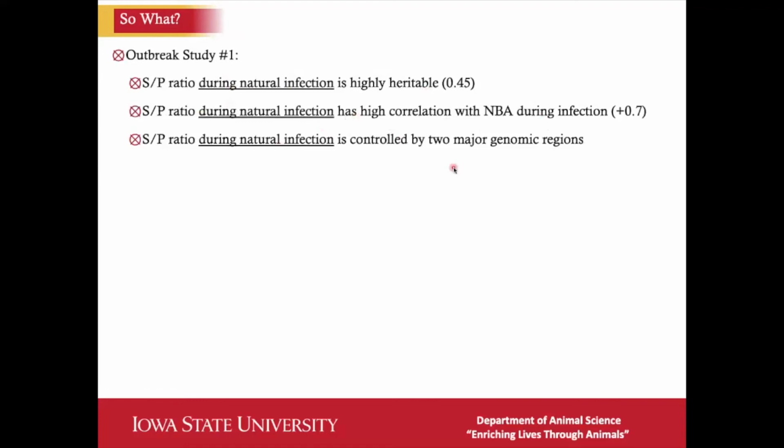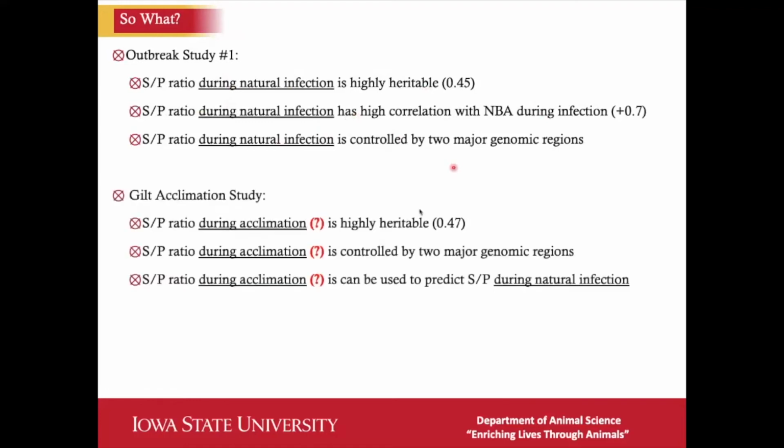From our other study, I didn't show this result, heritability was higher, 0.47, again controlled by two genomic regions, and we could actually use genetic markers to predict SP ratio.